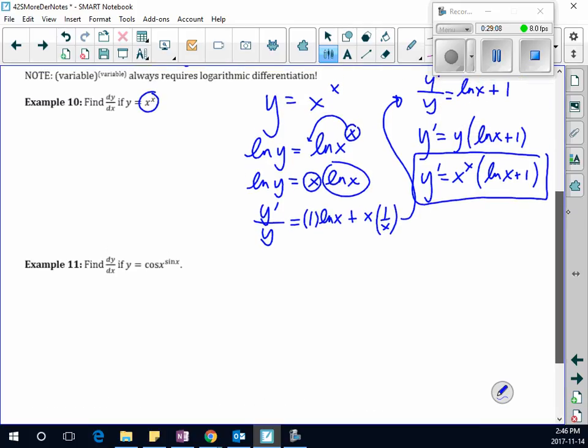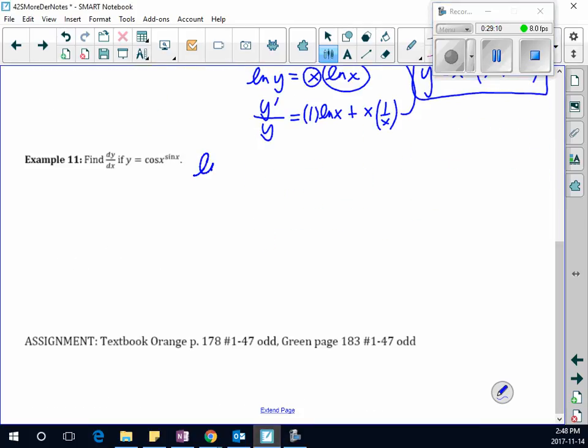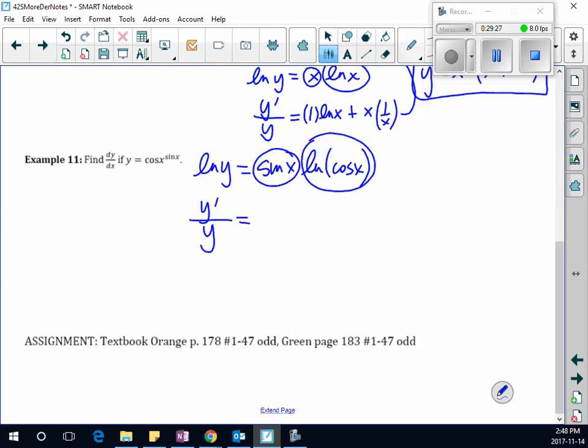Do you see the next one is, hold on there. Okay, let's just wait a second here. Okay, so I'm going to ln both sides. So ln y equals sine x ln of cos x. Everybody good with that? And then this is a product rule here. So y prime over y equals, the derivative of sine is cos x ln of cos x, plus sine x, the derivative of ln would be cos x on the bottom, and then a minus sine x on top.